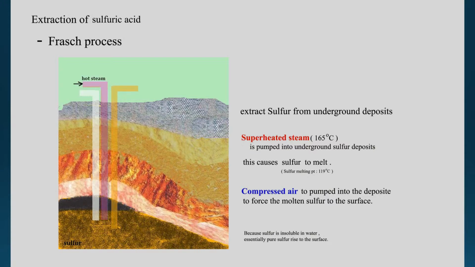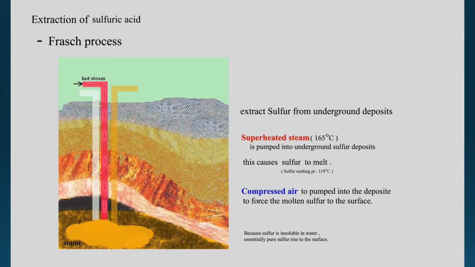First, you pump in superheated steam onto the sulfur deposit. Sulfur has a low melting point, 119 degrees, so the steam will melt the sulfur.